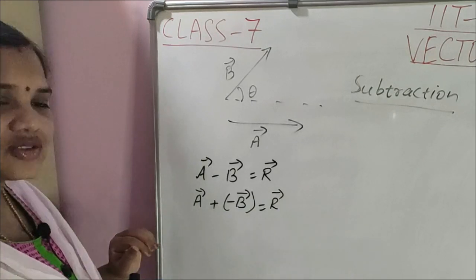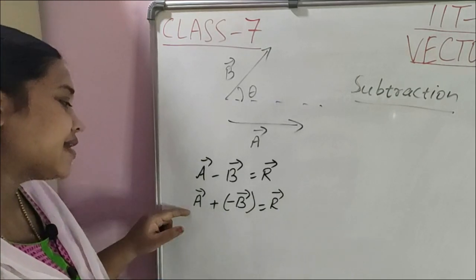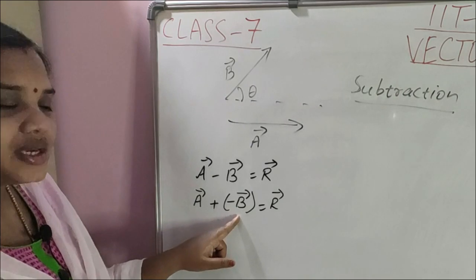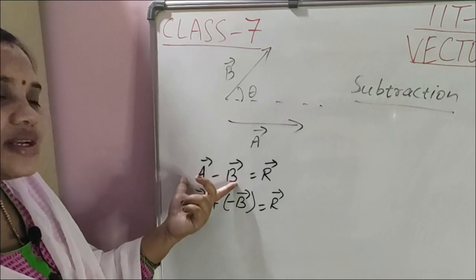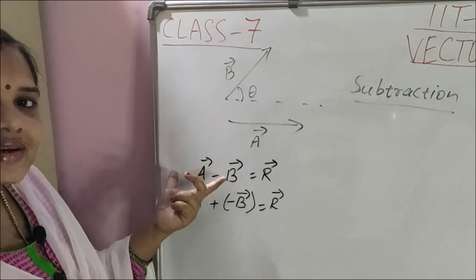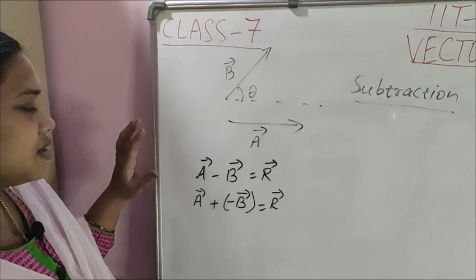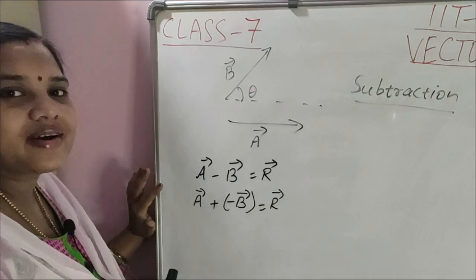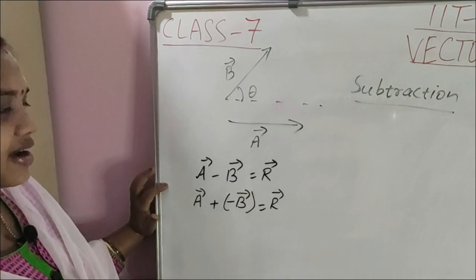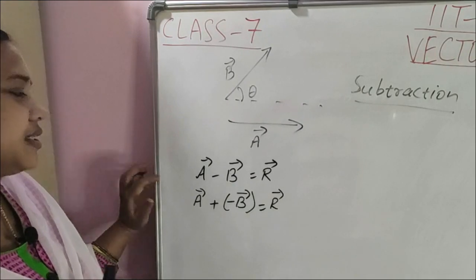The two vectors we are adding are vector A and negative of vector B. So automatically plus into minus is minus, and we are actually subtracting the vectors. In this way we can add the vectors and get the difference of the vectors. Both works we can do here.